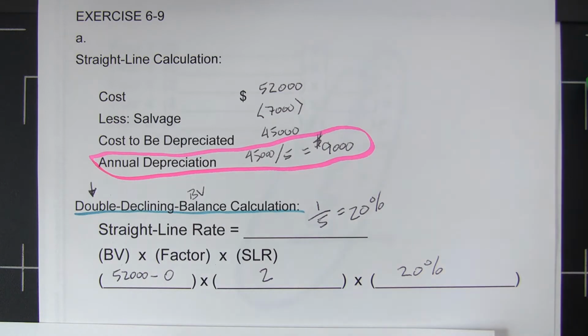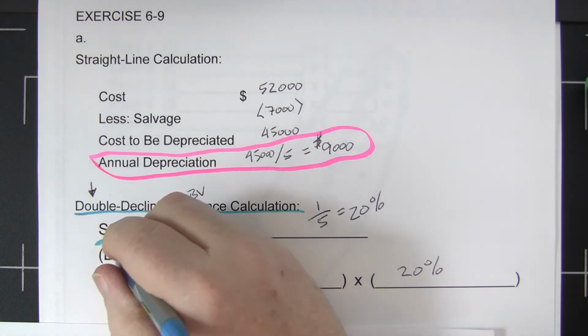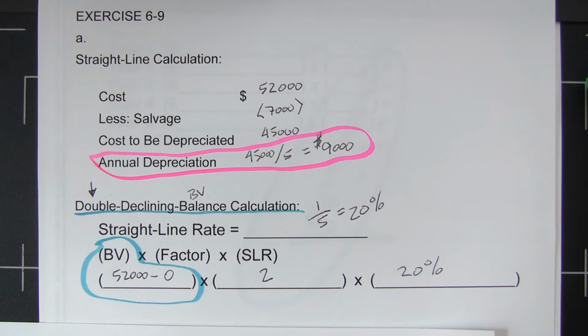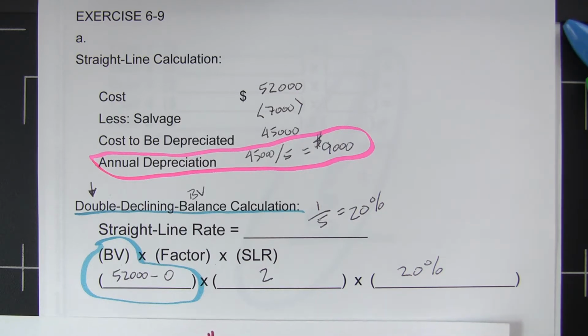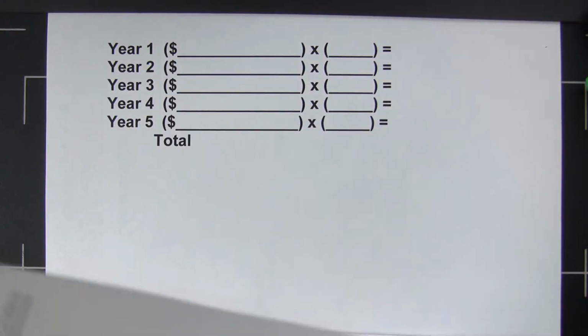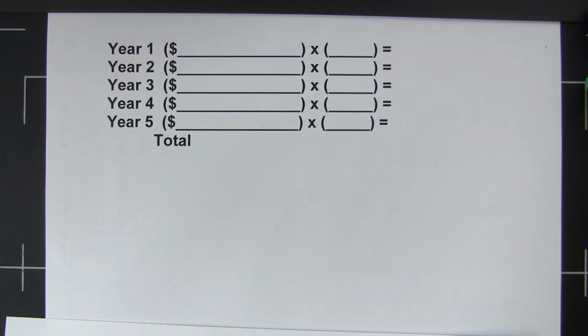and the only thing that's going to change is the first part of that, as the book value declines. So, based on that, we're going to apply that to all 5 years.